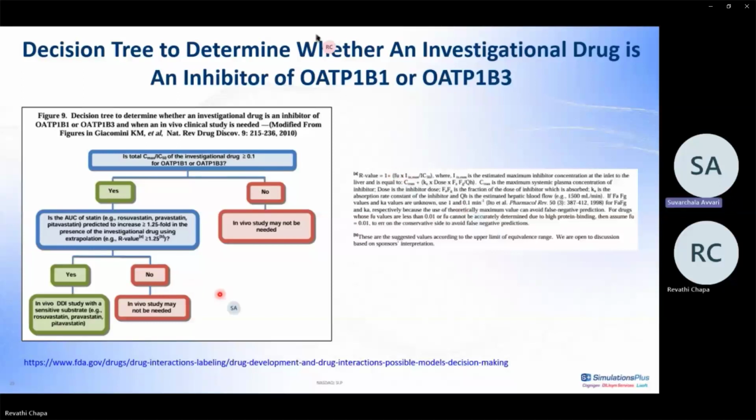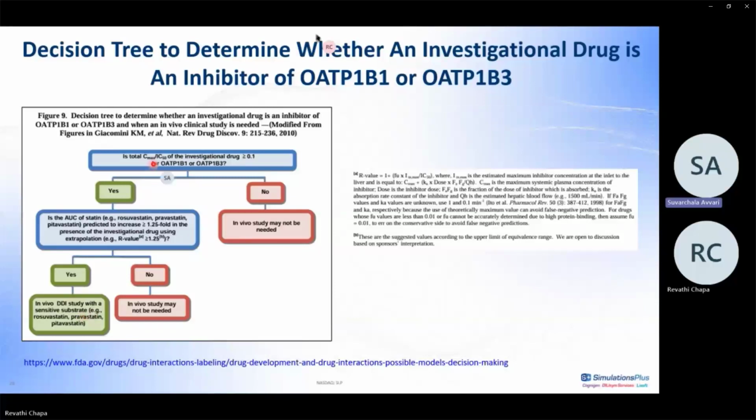And if the in vitro studies indicate that it's an inhibitor of OATP1B1 or 1B3, in the sense that the R value is greater than or equal to 1.25, then the sponsor should consider whether to conduct an in vivo study based on whether the likely concomitant medications used in the indicated patient populations are known OATP1B1 or 1B3 substrates.